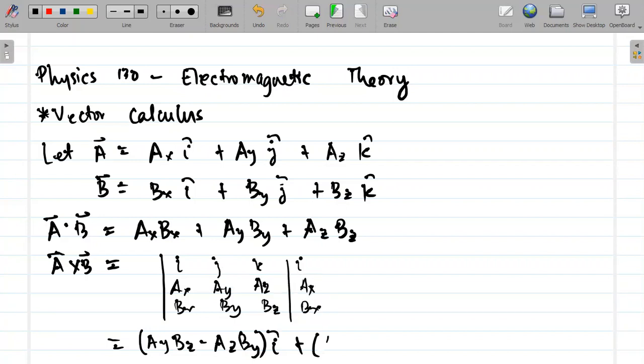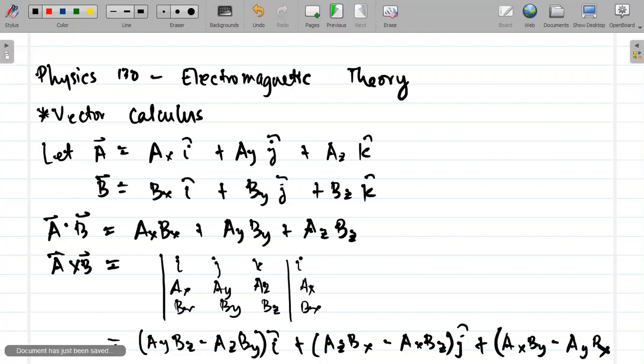So, bale, AZBX minus AXBZ j hat. Sa k hat naman, itong dalawa. Diba? Pag k hat, itong dalawa yung kunin natin ang difference. So, bale, AXBY minus AYBX. So, that is k hat.